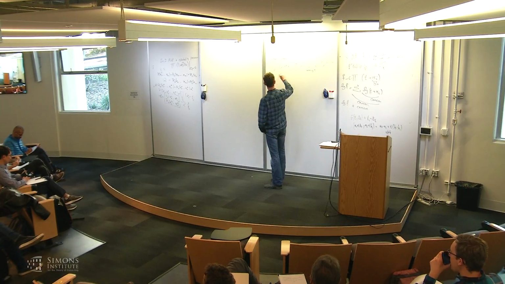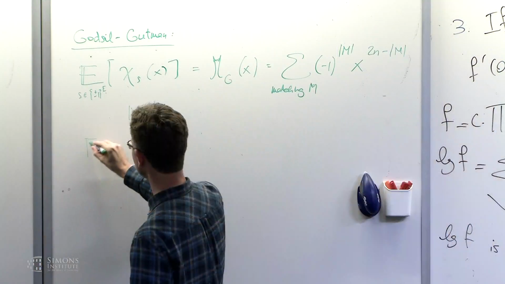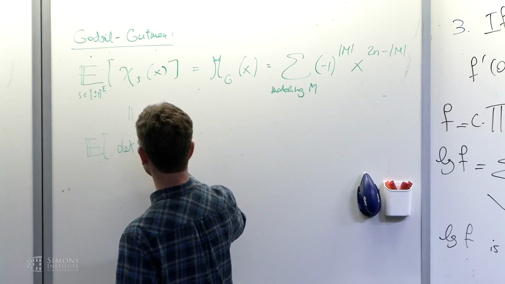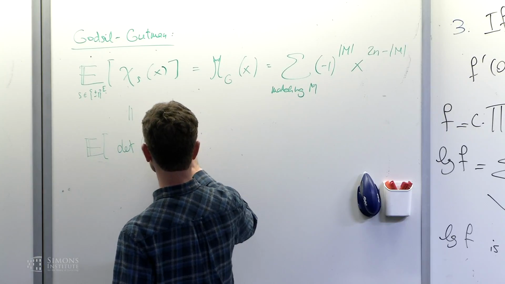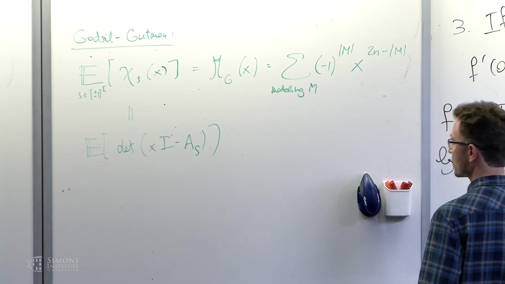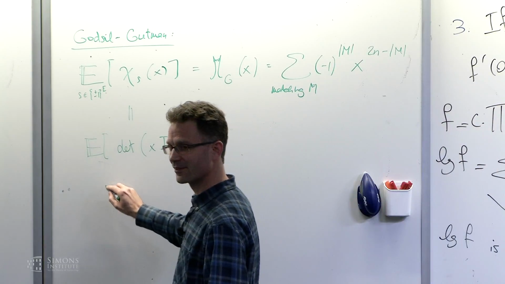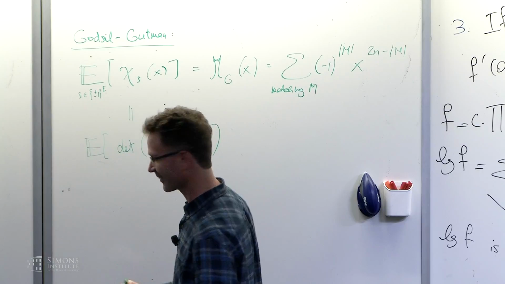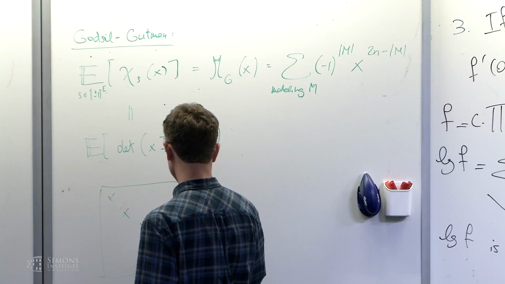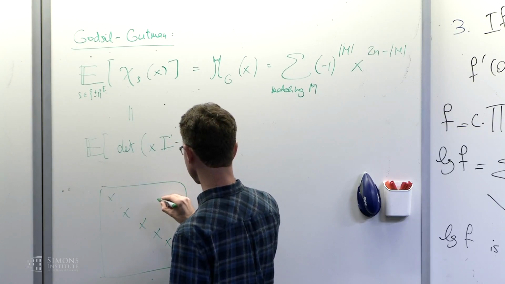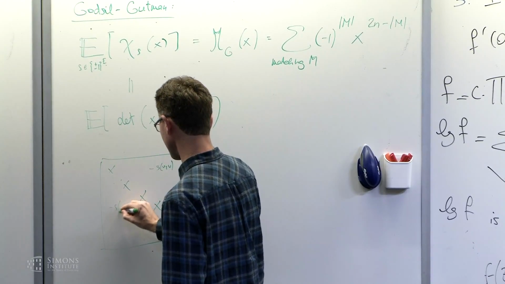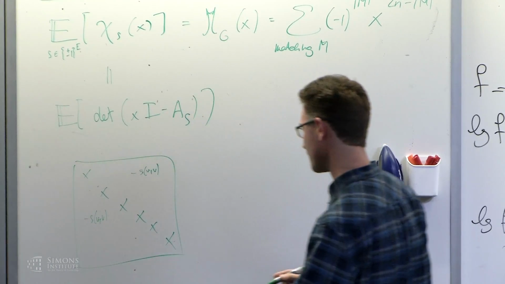I think it's one of the theorems that's best proven by staring at it without writing anything. Try to prove it by picture. So we have this matrix, right? We have x's on the diagonal, and then we have this minus s.